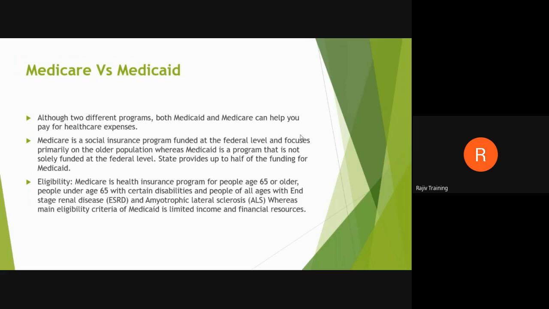Then we have eligibility. Medicare is a health insurance program for people 65 or older, and people under age 65 with certain disabilities, which we discussed, including diseases like ESRD and ALS. Whereas the main eligibility criteria of Medicaid is limited income and financial resources.